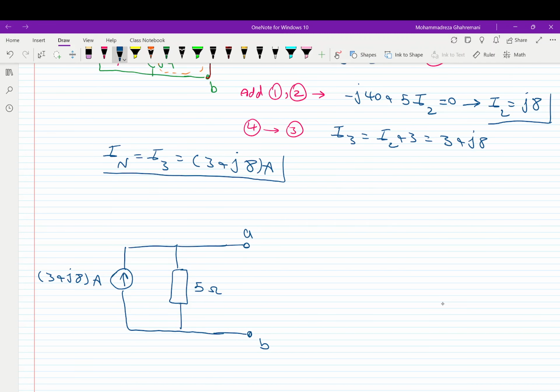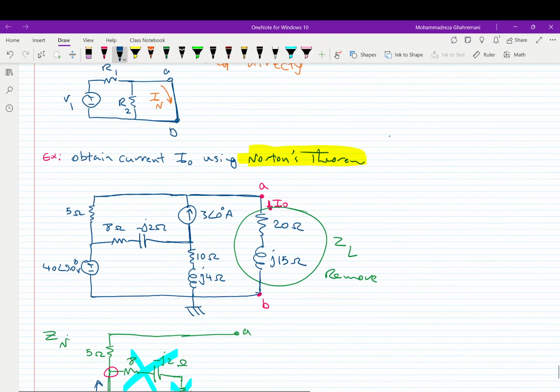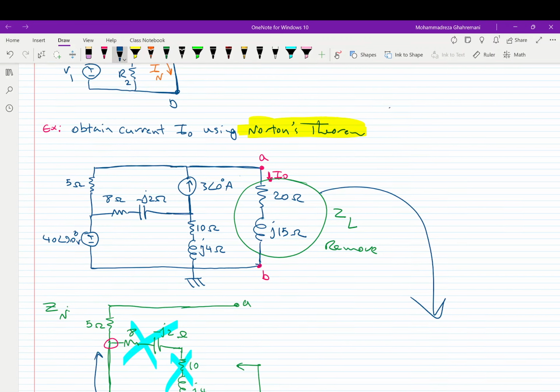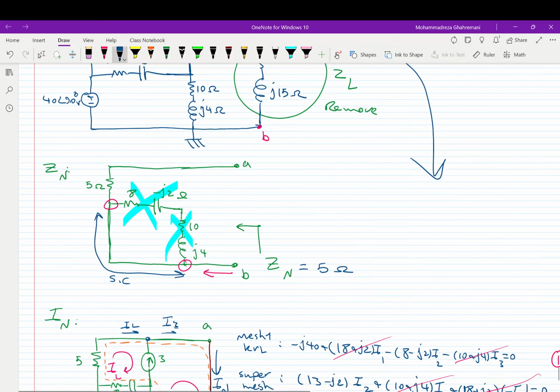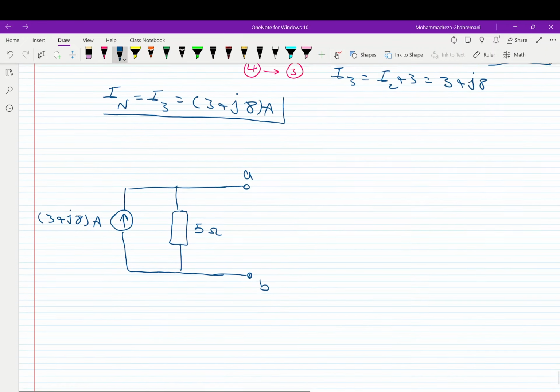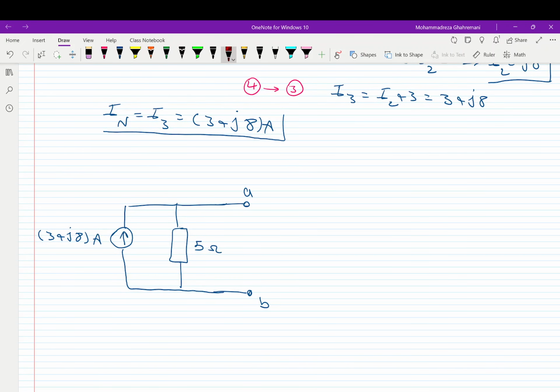Now that we got to this point, I can bring these two elements down, ZL, which is 20 plus J15. So I add 20 plus J15, and the problem wants us to find IO, and this one is a simple current division.